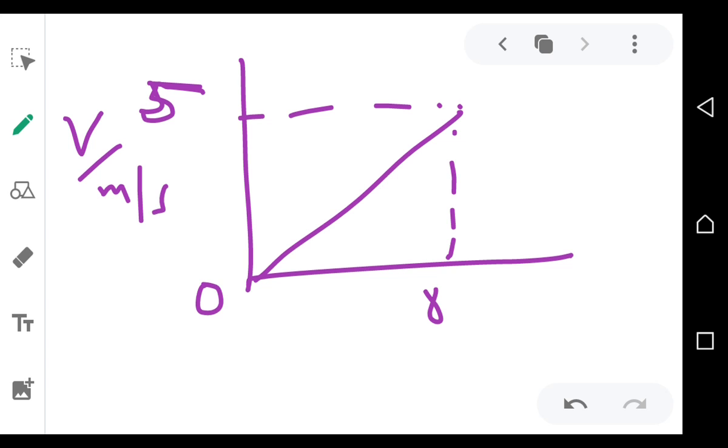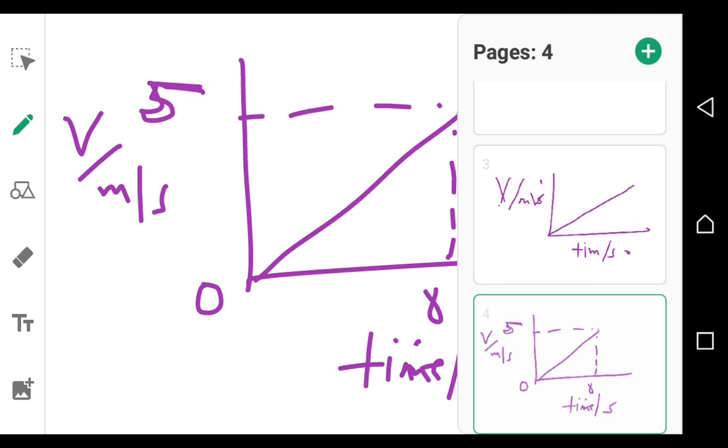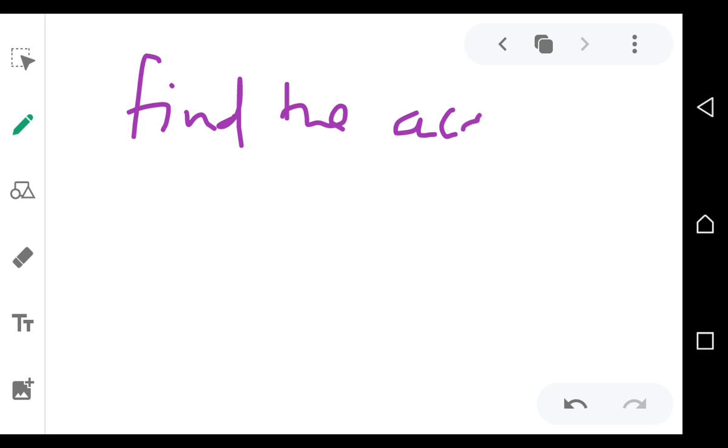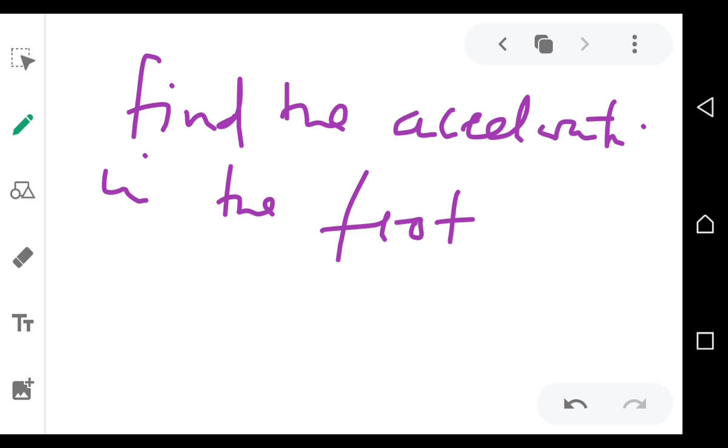Time here is in seconds. And then they tell you, find the acceleration in the first 8 seconds.